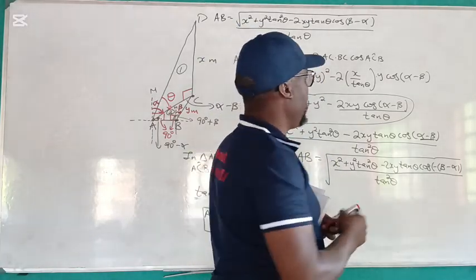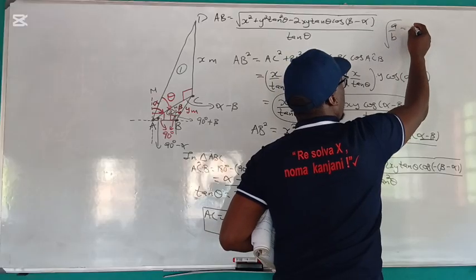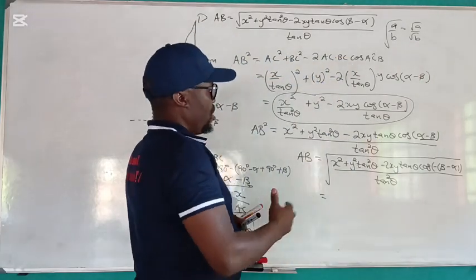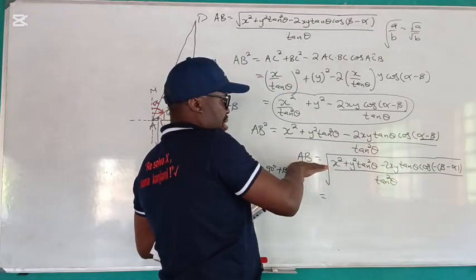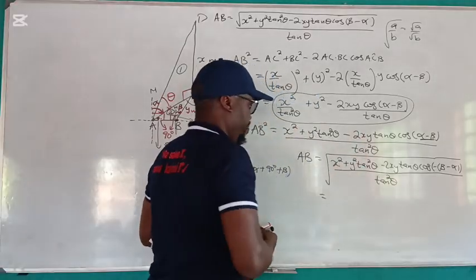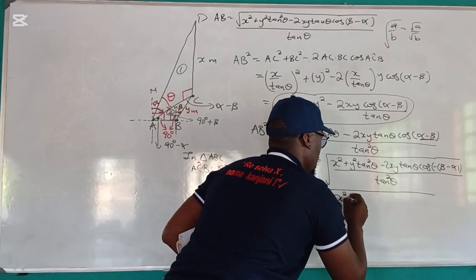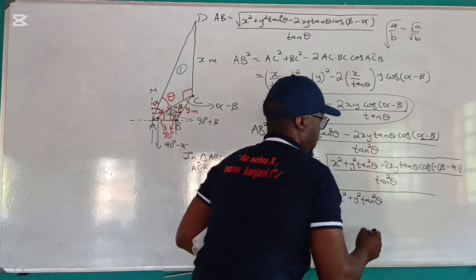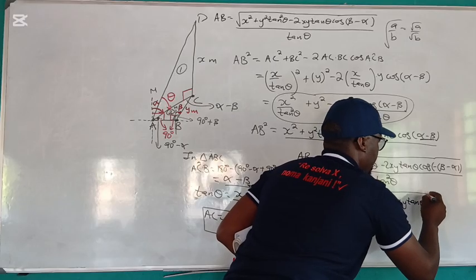Now, I suppose you remember very well that if we've got the square root of a divided by b, this is the same as the square root of a divided by the square root of b. So the square root of that divided by tan theta squared should be the same as the square root of that divided by the square root of this, and the square root of this is tan theta. So we would have the square root of x squared plus y squared tan theta squared minus 2xy tan theta.